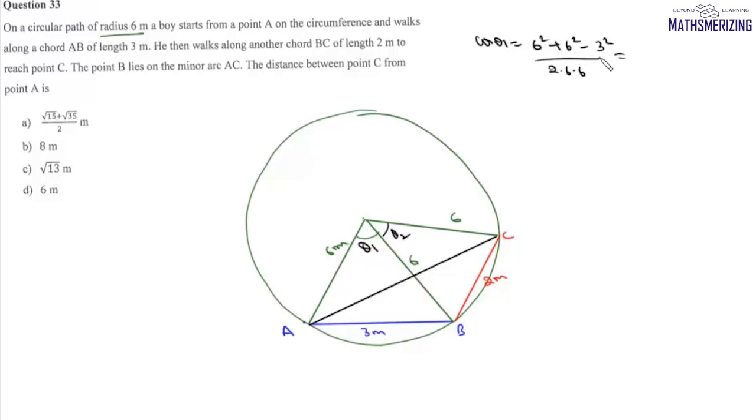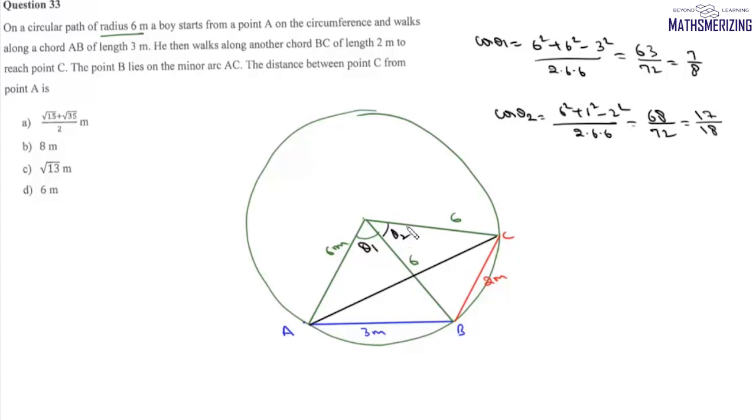So there will be 72 minus 9, there will be 63 upon 72, and that is simply 7 by 8. And we can write cos theta 2, and it will be 6 square plus 6 square minus 2 square upon 2 into 6 into 6. So there will be 72 minus 4, 68 upon 72. So it will be 17 by 18.